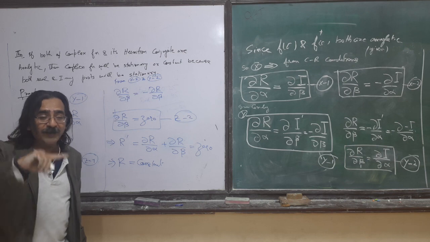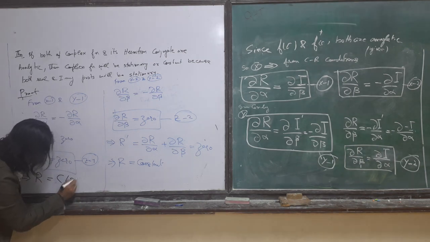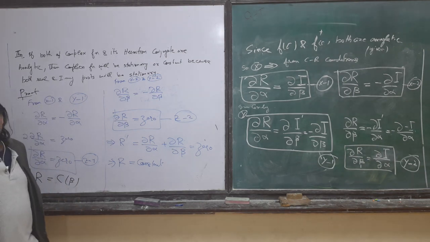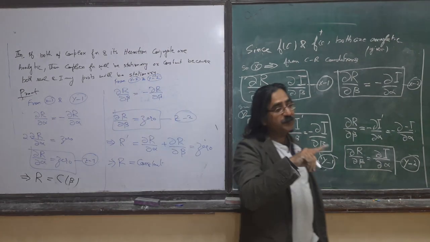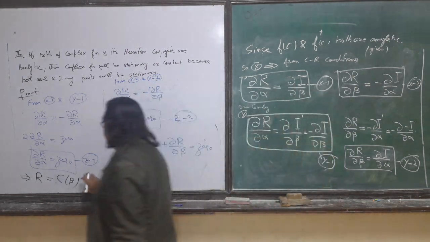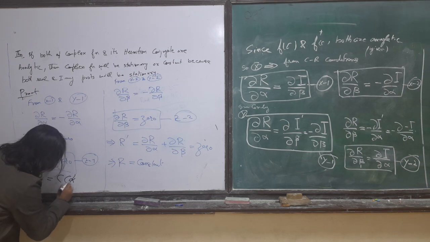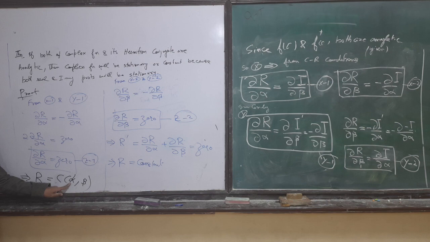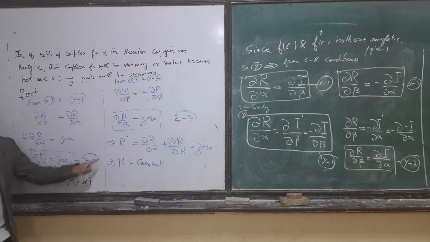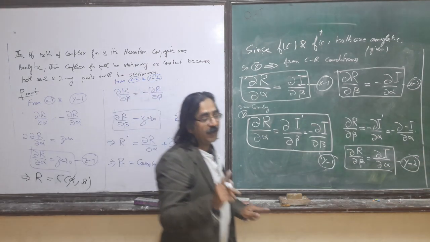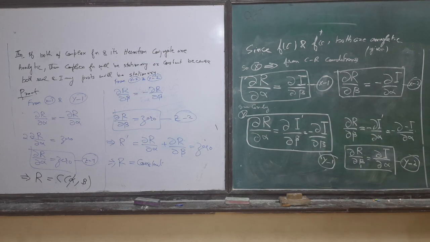There may be a variable of beta. This is not a complete constant. This will be constant with respect to alpha only. Here alpha is fixed, but beta will not be. It is very important to note. If I integrate with respect to alpha, then that will be constant with respect to alpha, but not constant with respect to beta. In this case, it is constant with respect to alpha as well as beta.